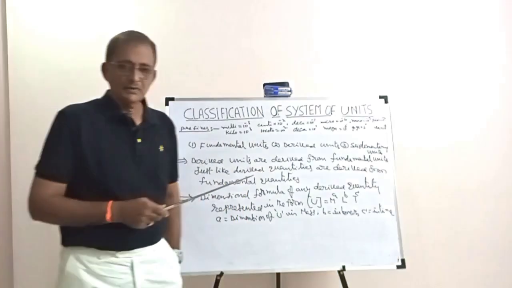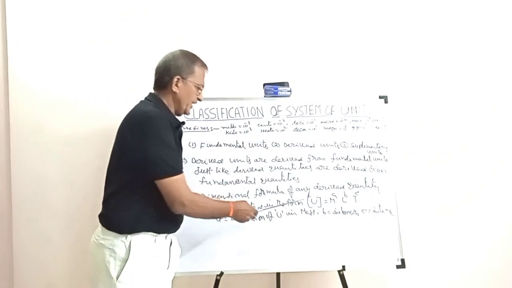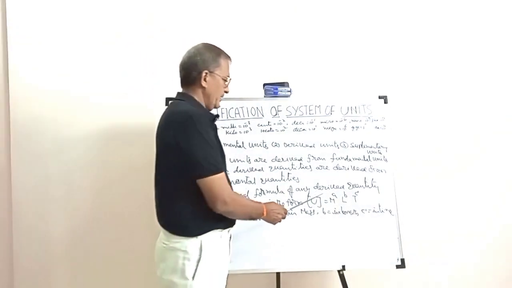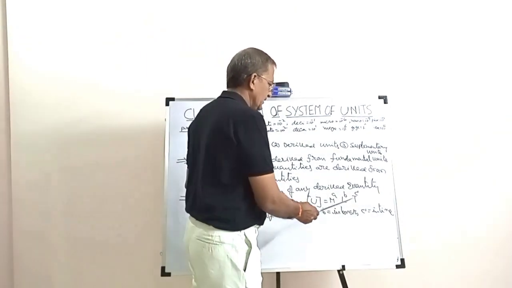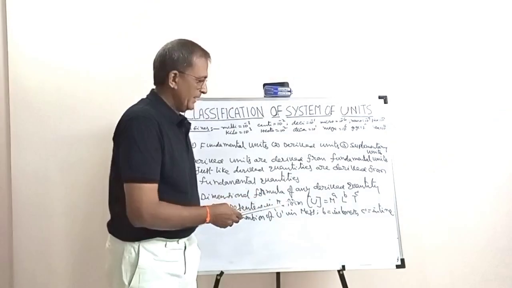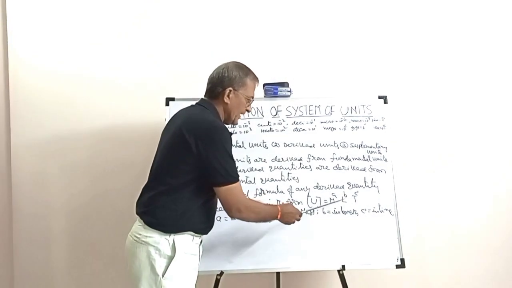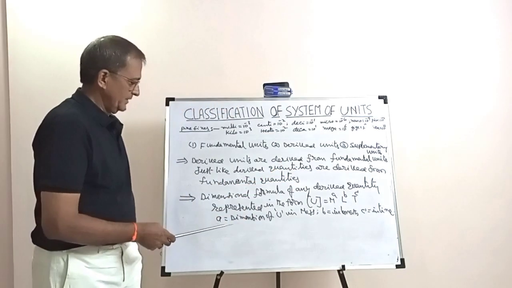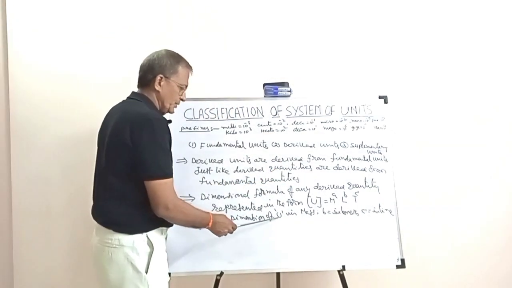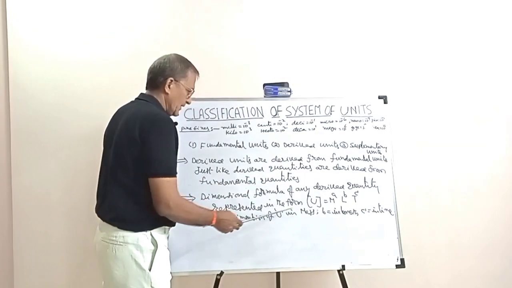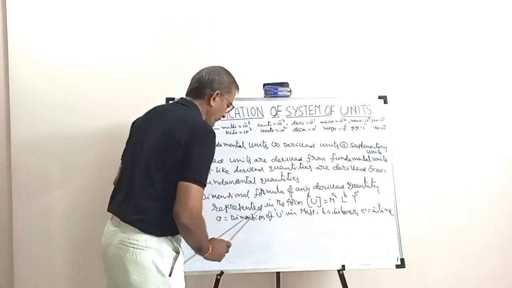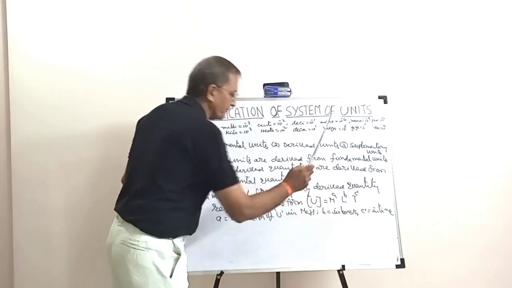For example, if we take any derived quantity, say U, it may contain mass, length, and time. And mass A times, length B times, and time C times, which means the dimension of U in mass is A. The dimension of U in length is B. The dimension of U in time is C.